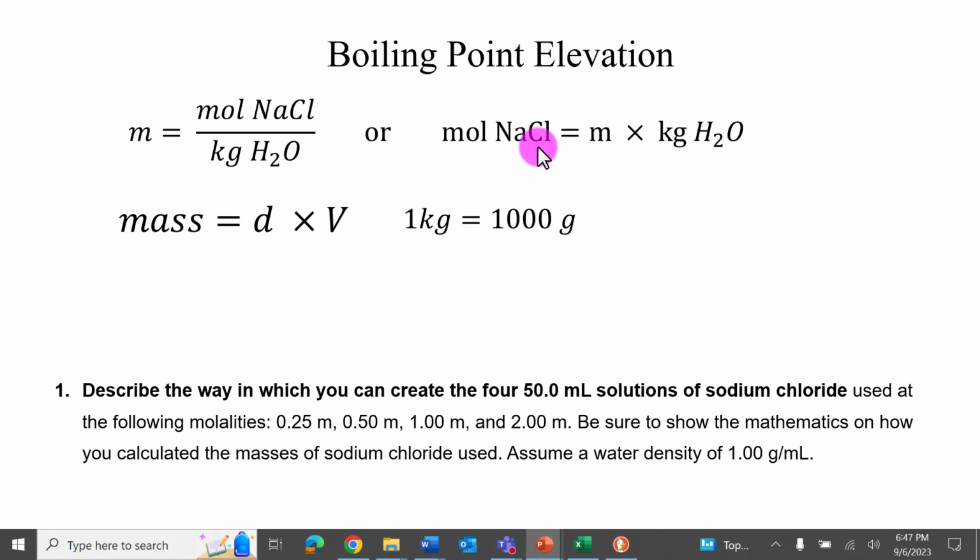You find the molar mass, just as a review, by going to the periodic table, finding the mass of 1 sodium and 1 chlorine, and adding them together. Multiply that by the moles you get from this equation here to get the mass in grams. And that's part 1.